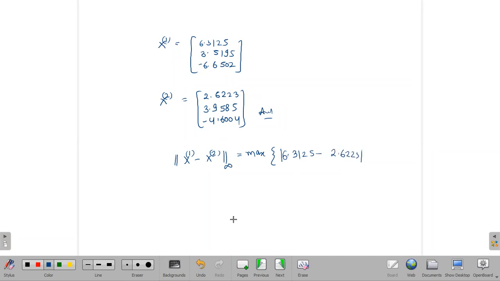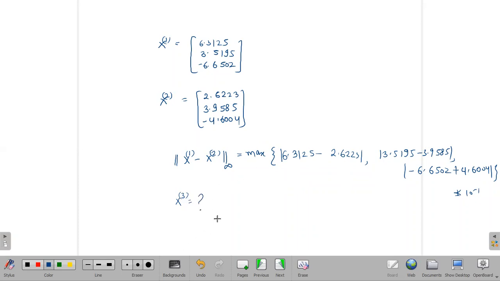Yes, it is not. So it is 3.5195 minus 3.9585 and minus 6.6502 plus 4.6004. Yes, it is not less than 10 raised to minus 1 yet, because here you can see the difference. It is approximately 4. So here you have to find the third iteration also. This is not answer.